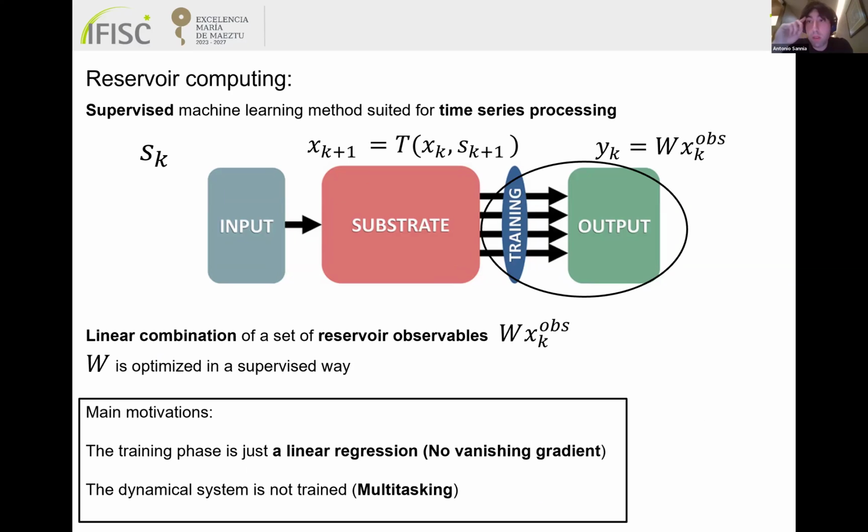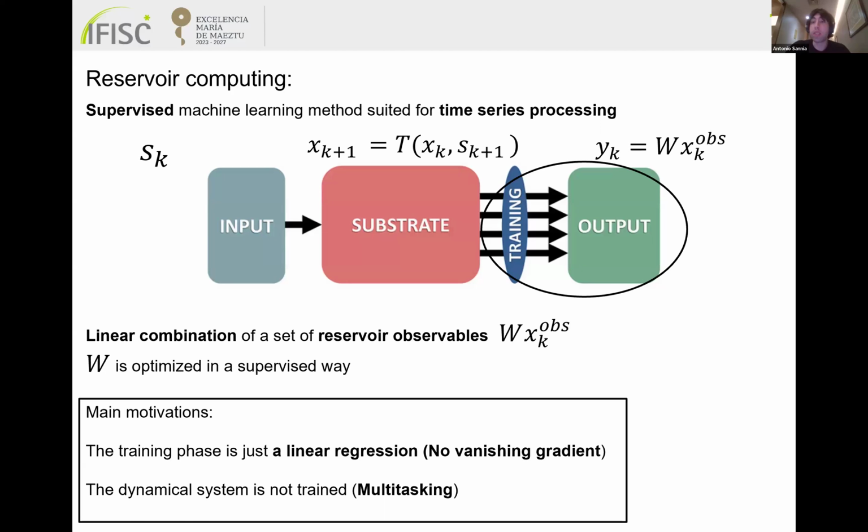Now going to the output. At each time step, the output that we extract is, in general, a linear combination of observables that we can measure from the reservoir. The fact that we are using a linear combination allows us to avoid a typical problem present in recurrent neural networks, which is the vanishing gradient. Having just a linear combination allows us a very cheap training that does not present these kinds of problems.